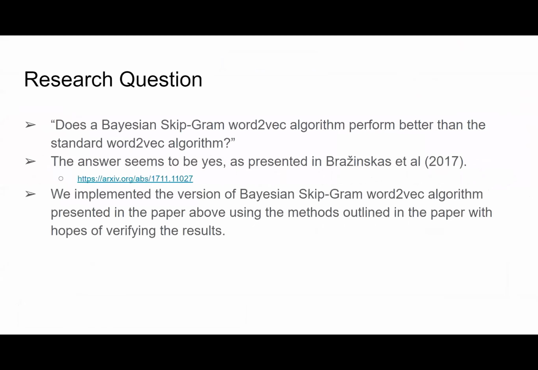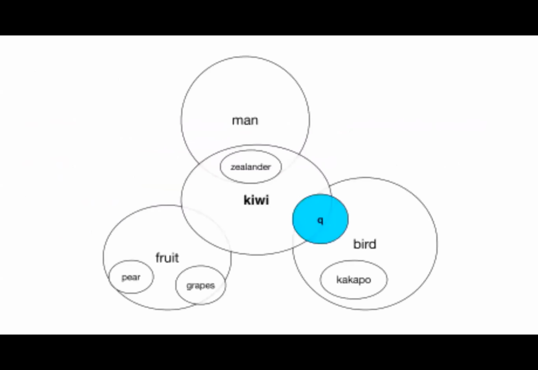So we implemented both the code found in the paper and our own version of Word2Vec and compared the results. A bit of background on what the Bayesian skip-gram Word2Vec algorithm allows users to do is to generate posterior distributions given a prior distribution and context. So if the unshaded regions are the prior distribution of the word king, then given viewing the context of bird, king will become a posterior distribution.